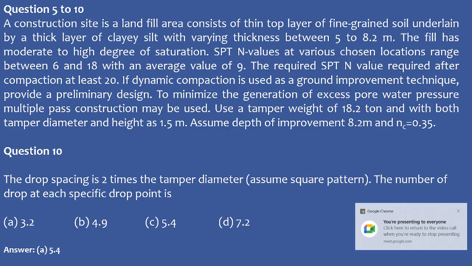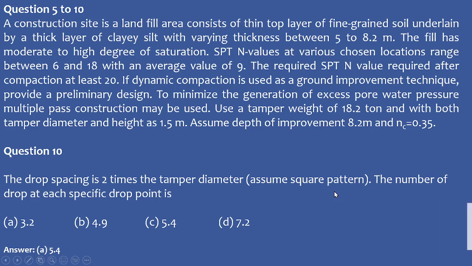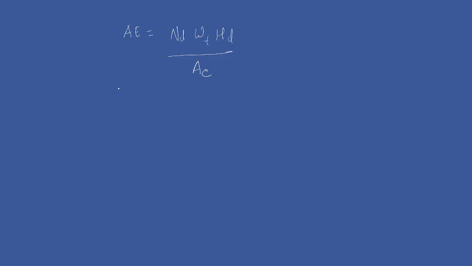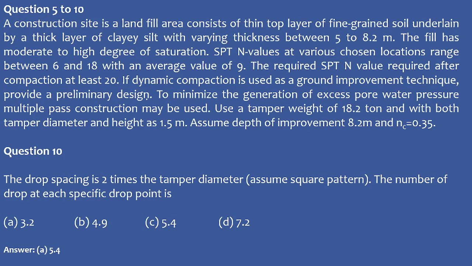Okay. So what is the equivalent area, since the pattern is given? It is 3 meter by 3 meter. Yeah, since it's a square pattern, for the square pattern we have A equals S square, where S is the spacing between the craters. The spacing is 2 times the tamper diameter, and the tamper diameter is given as 1.5 meter in the question.